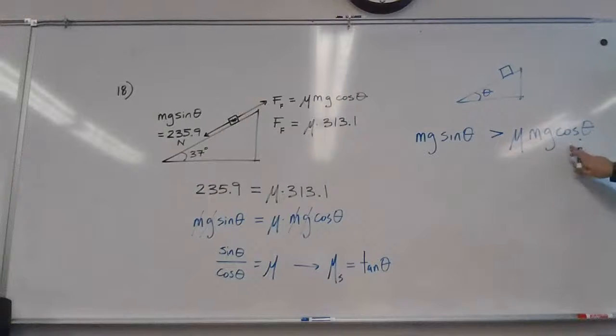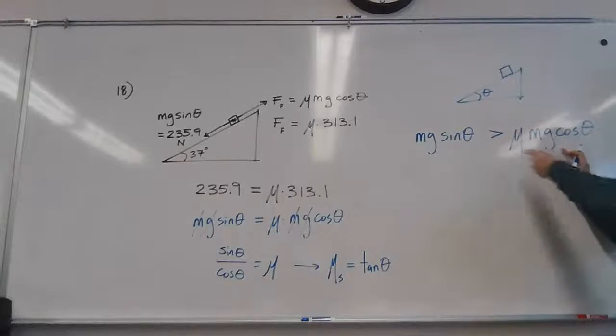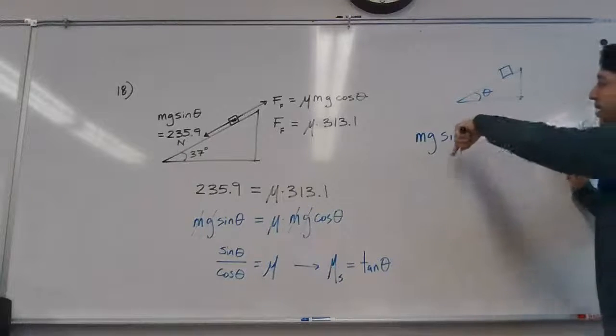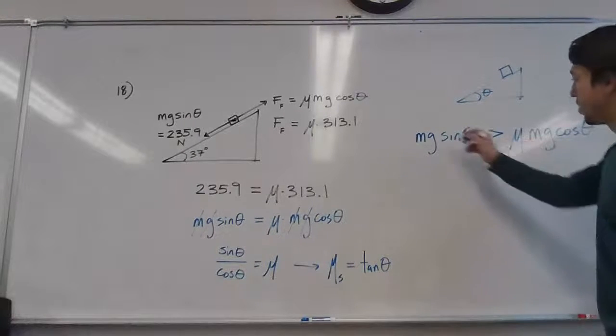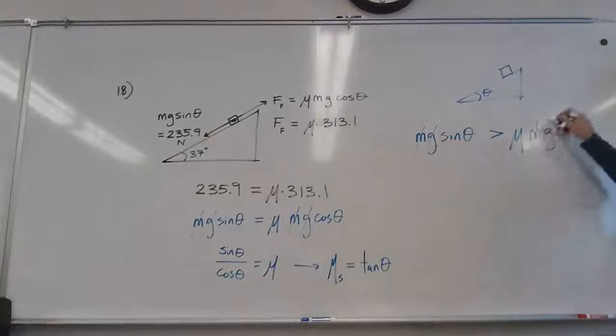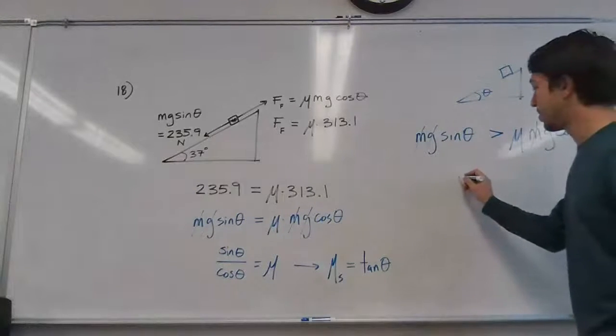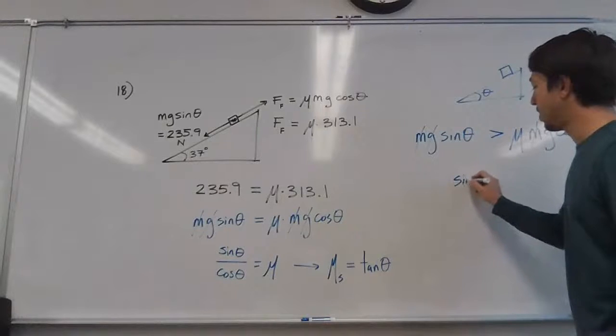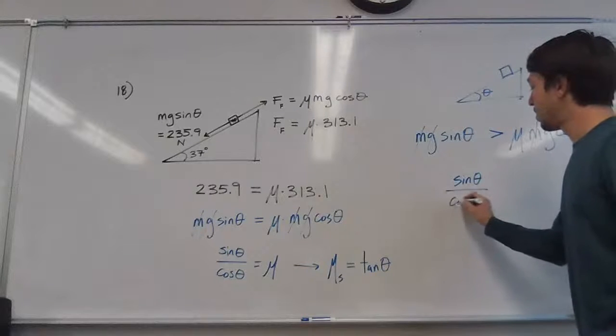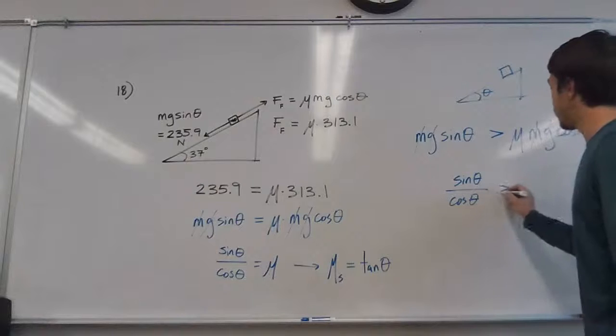Because remember, think of this as the friction capacity. How much friction can this ramp provide for a given angle? And yes, we need the down-the-ramp force to be bigger. So divide the cosine underneath. This making sense?